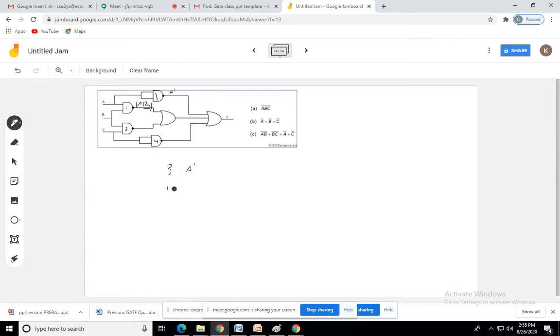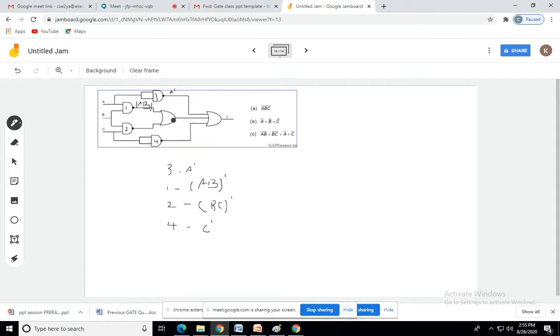The output of the first gate is AB the whole dash, and the output of the second gate is BC the whole dash. Very good. And the fourth gate is C dash. Okay, very good.